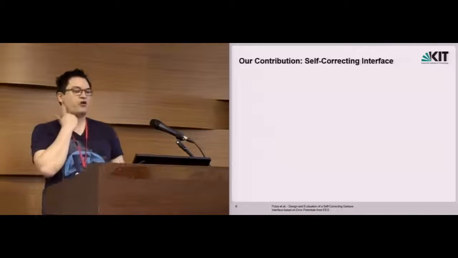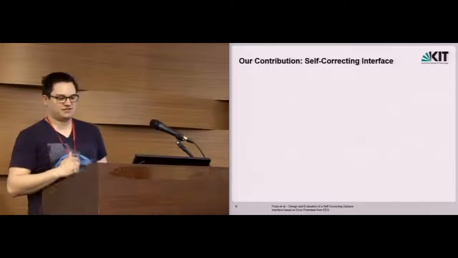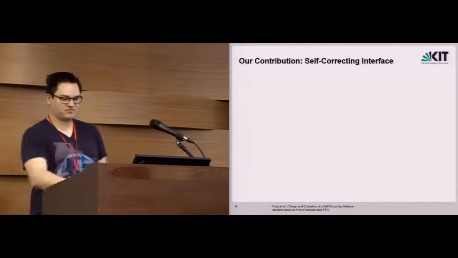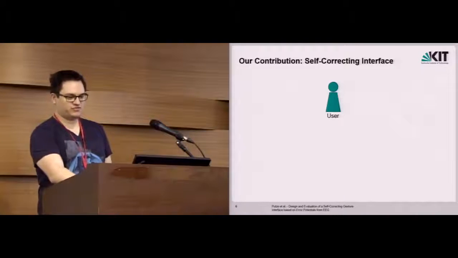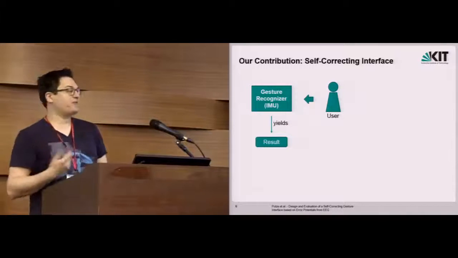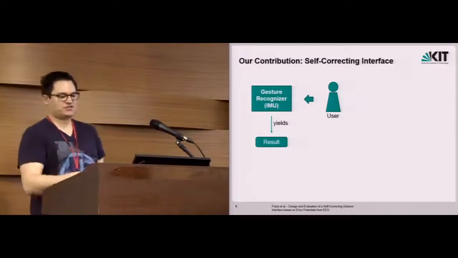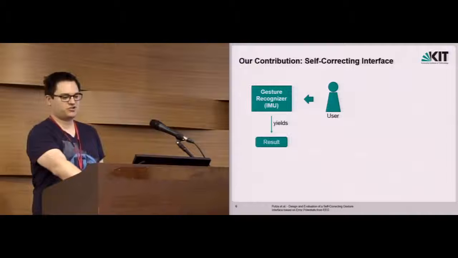Now, how does our approach to detect such errors work? We have the user who's performing a gesture which is interpreted by the GestureRecognizer, and the GestureRecognizer yields a result which is shown to the user as feedback.